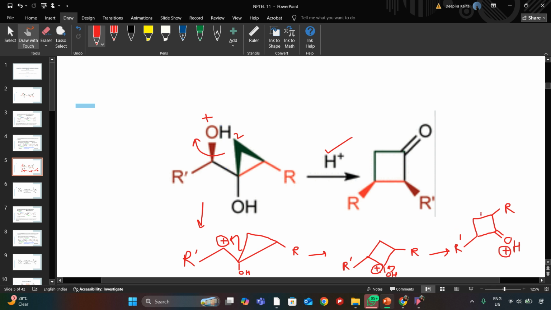Okay, and in the last step, what will happen? It will be deprotonation, and the deprotonation is going to furnish the final ketone product. I hope it is clear to you now how the alkyl shift is happening and we are getting the cyclobutanone as the final product.